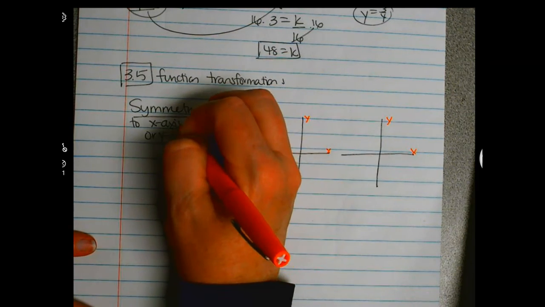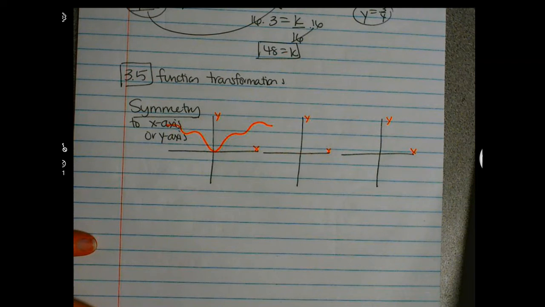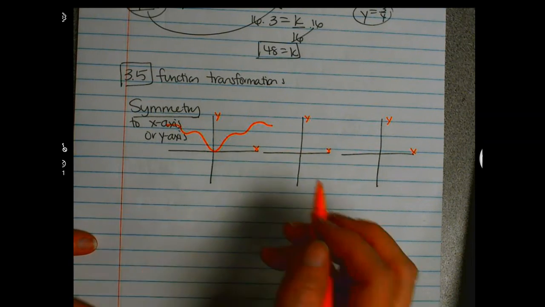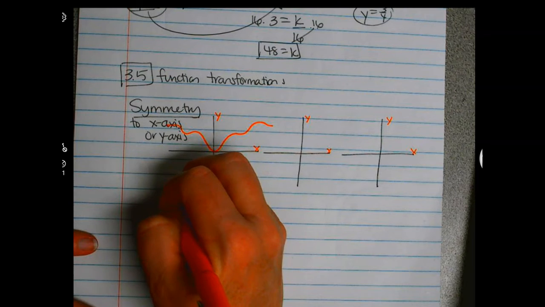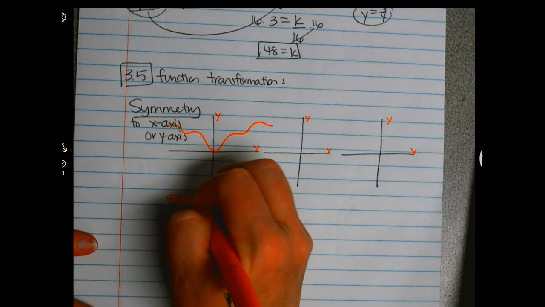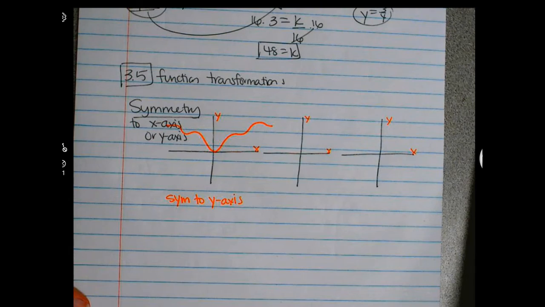Whoa. This is some sort of interesting sine wave. Could you fold this on the y-axis and have the same thing on both sides? Yes. So this is more interesting than a parabola, but this is called symmetric to the y-axis, because you could fold it and it would be the same.